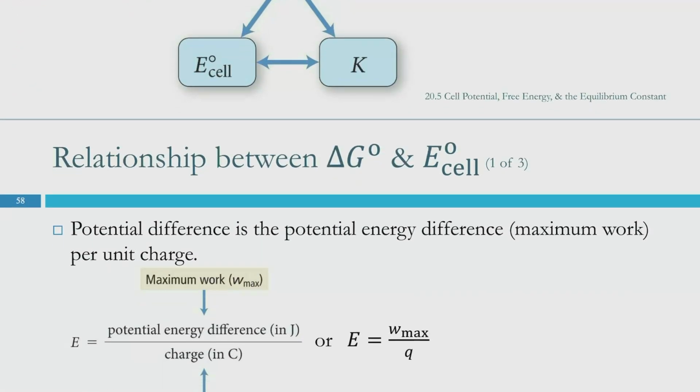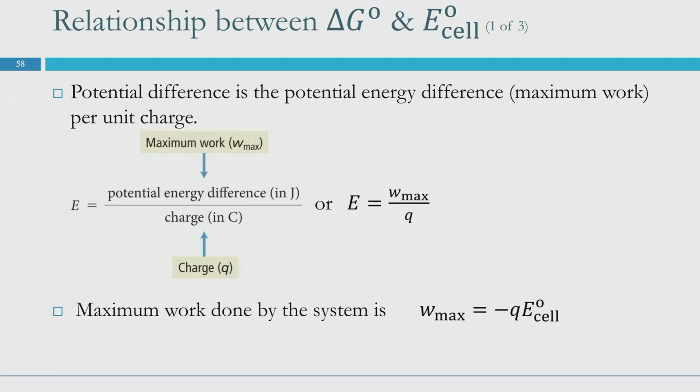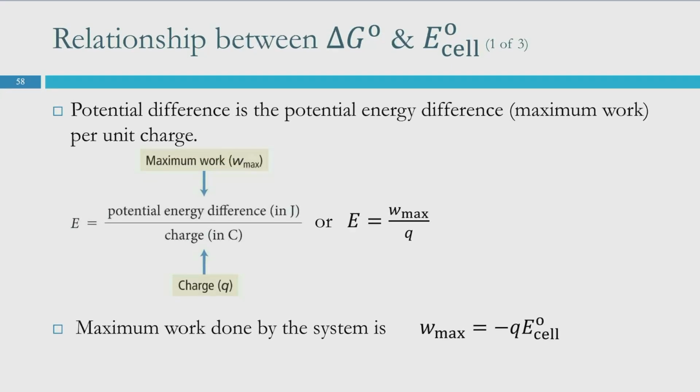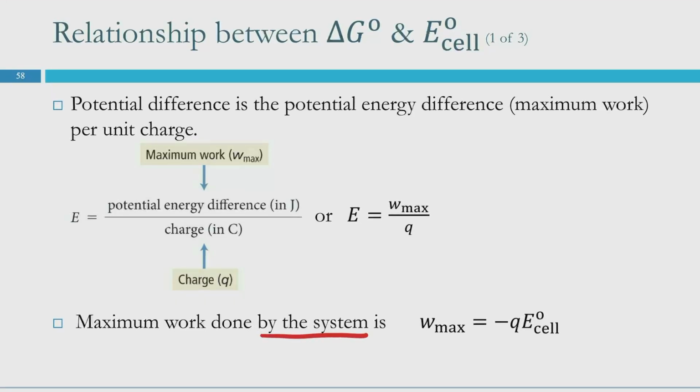We'll start off with our relationship between standard change in Gibbs free energy and standard cell potential. So our potential difference is the maximum amount of work that we can get out per unit charge. Our energy is joules per coulomb. We can rewrite this as energy is the maximum work over Q, and then we can rearrange that. The maximum work done by the system, that's why we have a negative number here.